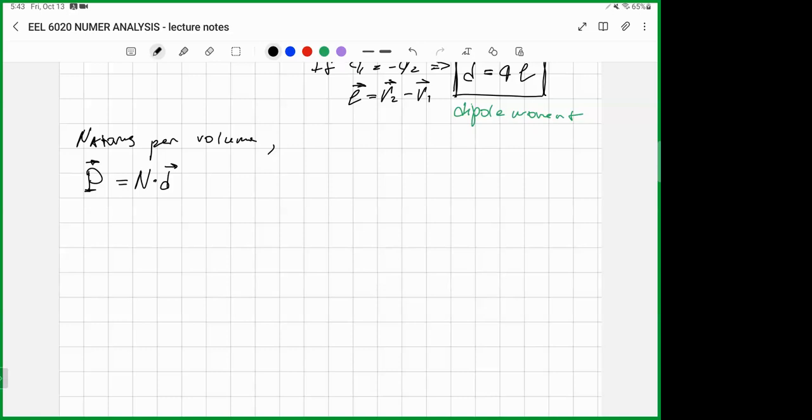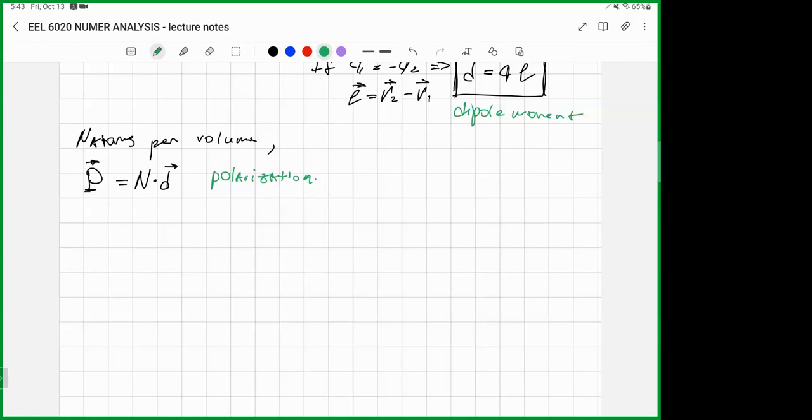So we try to skip all those and just focus on the essentials. Okay, so applying electric field creates polarization, and the appearance of the polarization vector in the system.